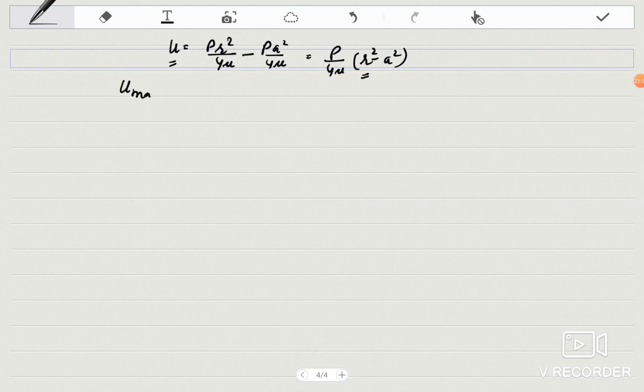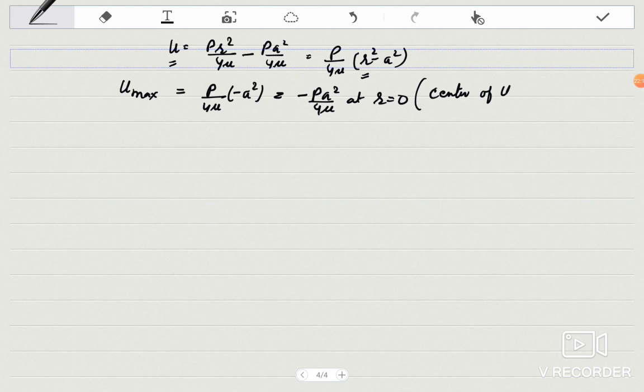This is very apparent, so we may write it very clearly. u maximum is minus p a square upon 4 mu at r is equal to 0. So it is the center of this cylinder. Velocity is maximum at the center of the cylinder.